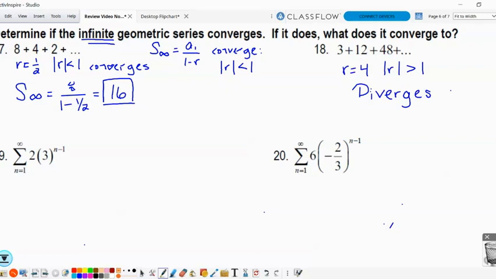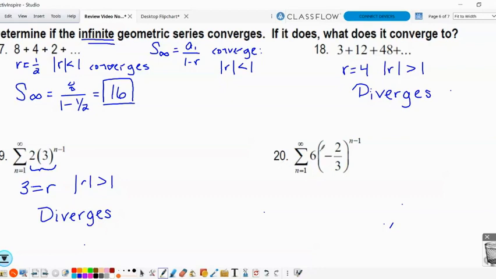In number 19, we need to look at the way the series is expressed with this formula here. 2 would be our first term, 3 would be the common ratio, because we're dealing with a geometric sequence. And because our r value is greater than 1, then this sequence diverges and we will not find the infinite sum.